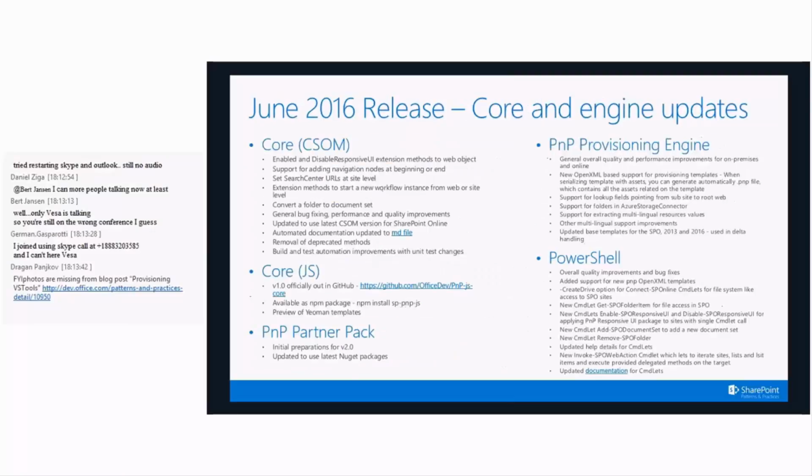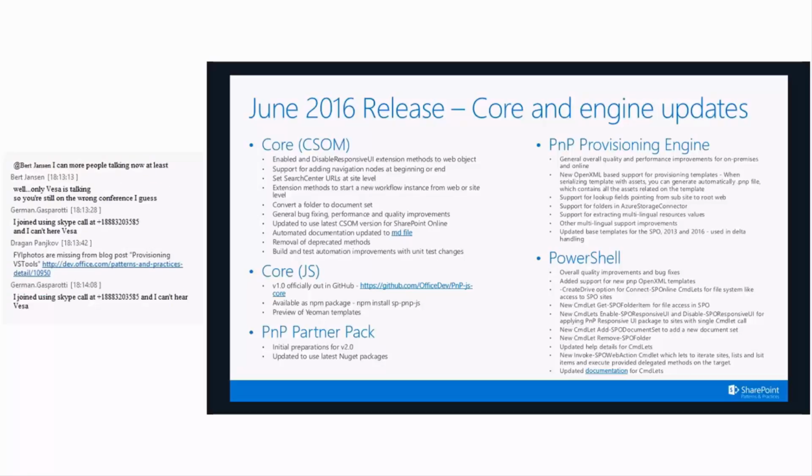From a core and engine update perspective, there's a lot of updates in the core. There's, for example, one really easy way of enabling responsive UI package in the existing SharePoint Online or SharePoint On-premises deployments. So as long as you have a reference to the core component, you'll just run an enable responsive UI or disable responsive UI in a web object, and voila, all of the stuff will be executed for you automatically.